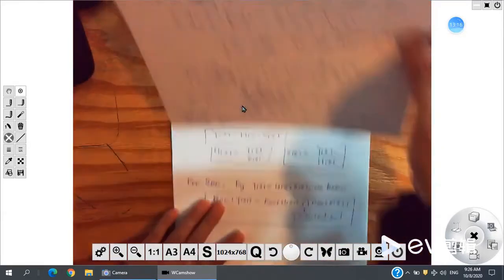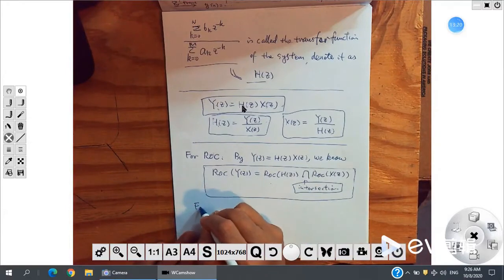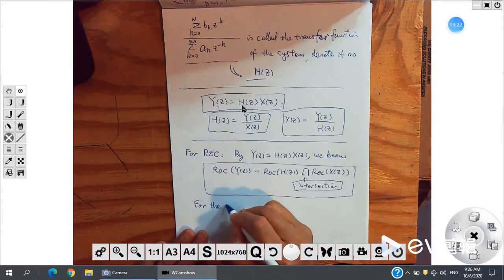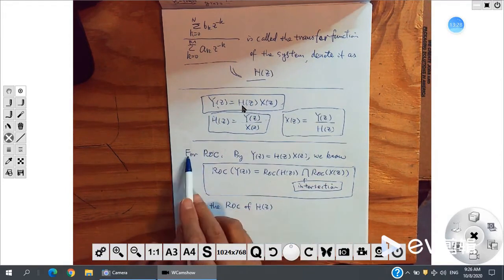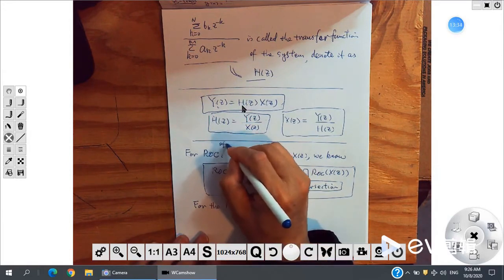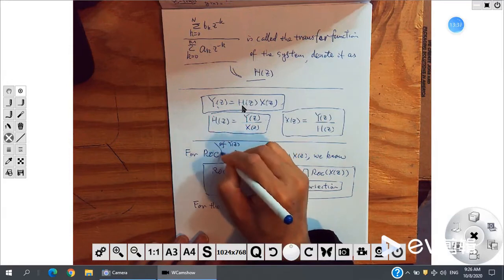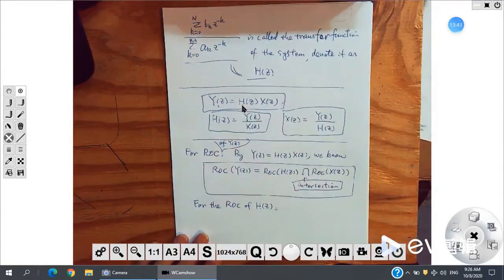That information includes the ROC of H. These two are different. I just said ROC, but actually the first is for the ROC of Y, and now this is for the ROC of H.